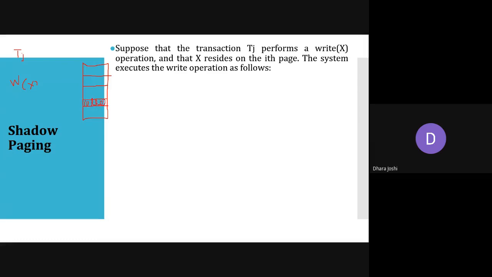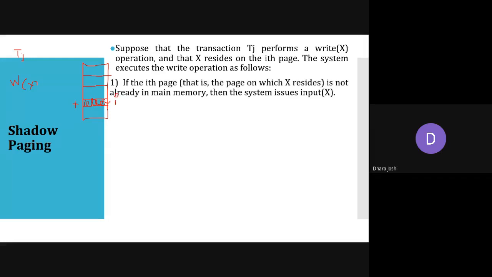Here the data item X is stored in this ith page. Then how will it perform this operation? The first point: if the ith page in which the X data item resides is not already in the main memory, then we will issue input X. Suppose this data is not available in the main memory.